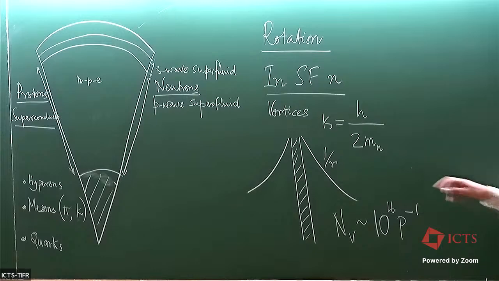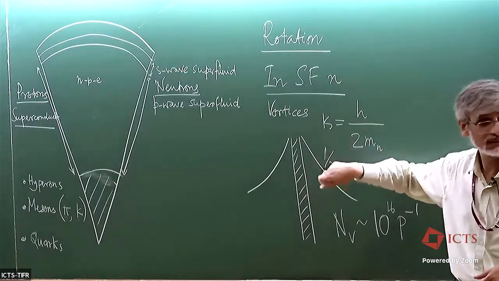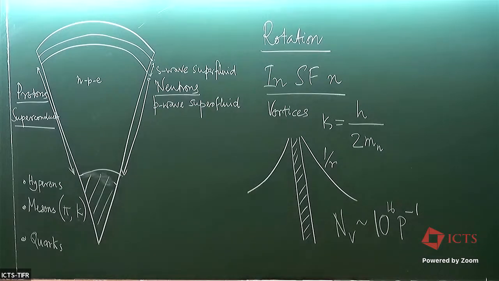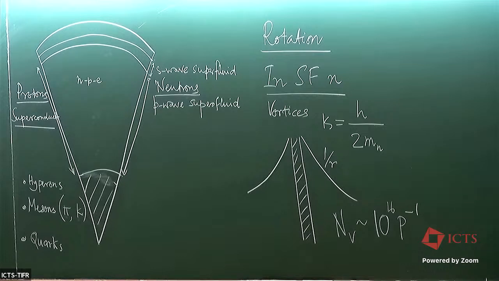So I said there is a superfluid circulation around the vortex. That is dragging neutrons around. The neutrons are going to drag their fellow protons around as well. So this proton circulation around the vortex core creates a current, and that creates a magnetic field. And this magnetic field is even stronger. Near the core, this magnetic field could be of the order of 10 to the power of 15 Gauss.